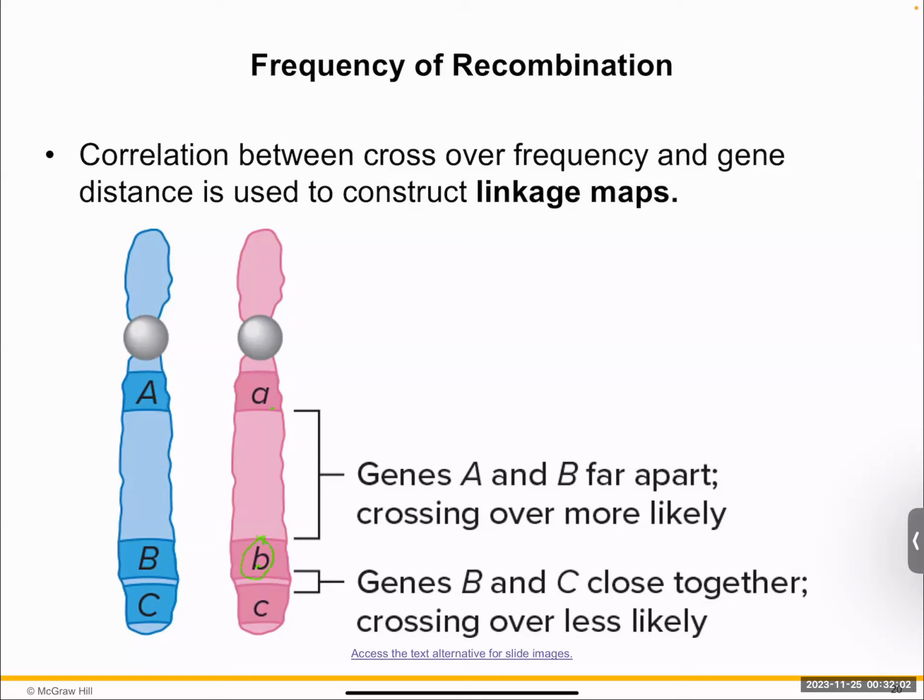But B and C, on the other hand, are very close together. They're linked, right? Which means the chance of them crossing over would be less likely because again they are very close in proximity. So if it is to happen, they will go together and not separately.